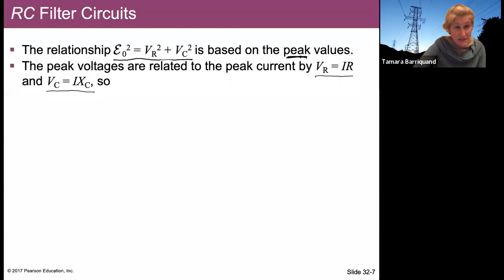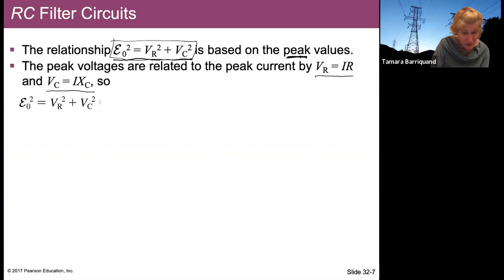So let's rewrite this equation. We have EMF naught squared equals VR squared plus VC squared. Now I'm going to substitute in I XC for VC, and I R for VR.